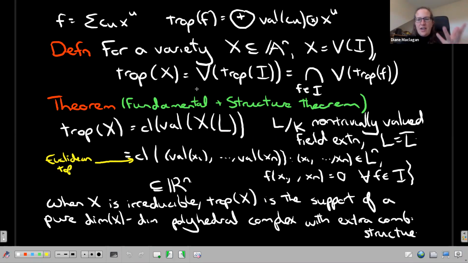This is saying that if I take the valuations of those roots, I get the same thing as if I tropicalize the polynomial and take the tropical roots of that tropical polynomial. I told you we know how to find the tropical roots of a tropical quintic polynomial.